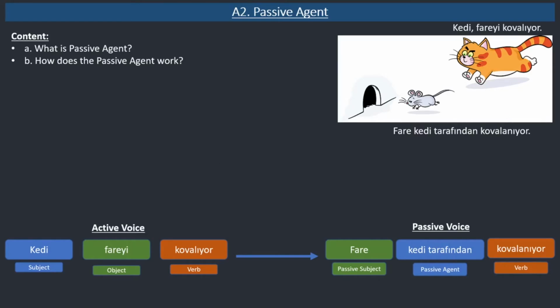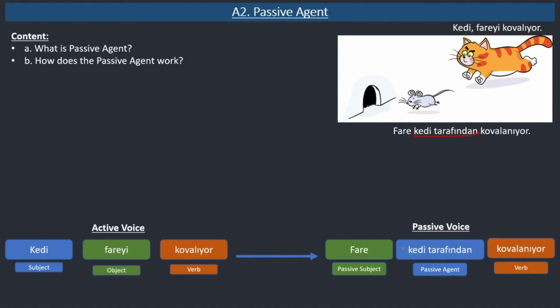The same example again. Kedi fareyi kovalıyor. The cat is chasing the mouse. Fare, this time I have this part. Kedi tarafından kovalanıyor. So now I know the mouse is being chased by the cat. So this kedi tarafından is how we say by the cat in Turkish. Or basically tarafından is by in this context.